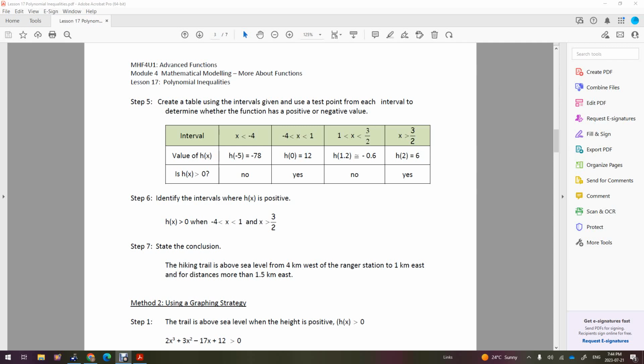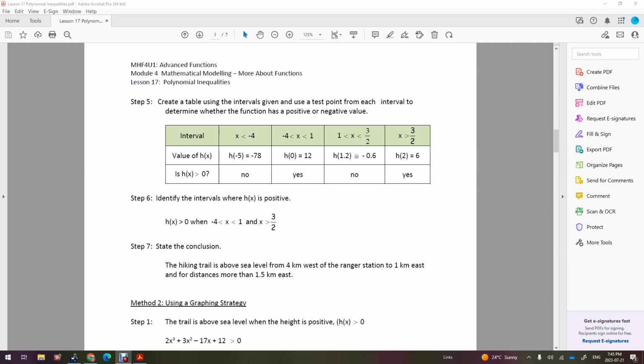So now we're going to take a test point from within each region and see if the result is greater than 0. I want to pick a number that's less than negative 4, so I picked negative 5. And when I put negative 5 into the equation, I get the result negative 78. I pick a number between negative 4 and 1. I'm going to use 0. It's the easiest.